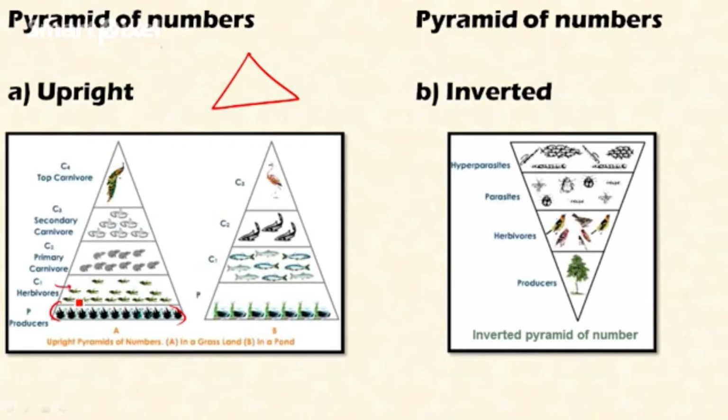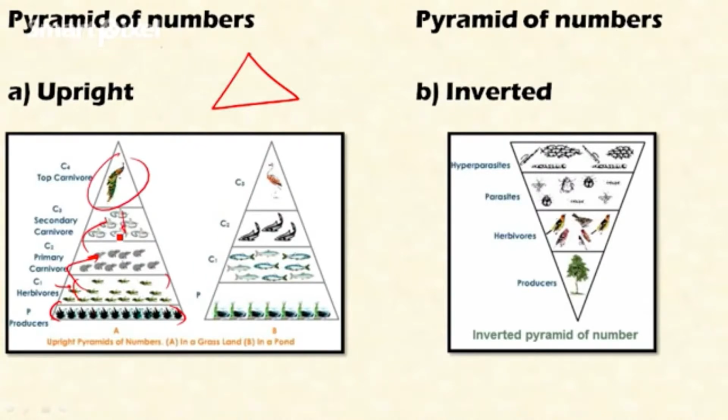Here, grasshoppers are less in number when compared to the grasses. The next level, the rodents which attack the grasshoppers, are still less in number, and snakes are still fewer when compared to the rodents, and peacocks are fewer in number when compared to the snakes.